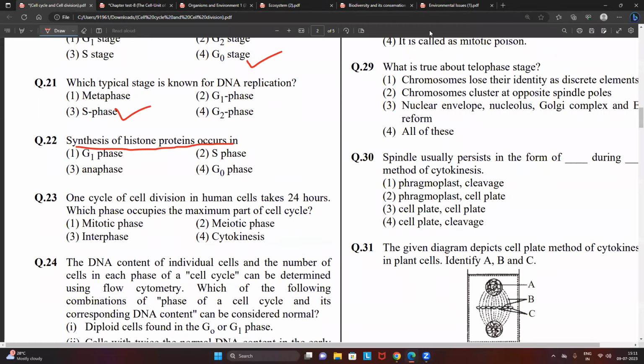Synthesis of histone proteins occurs in which phase? The S phase. Now, friends, let me ask you one very good and very simple question. Histone is a protein, correct?